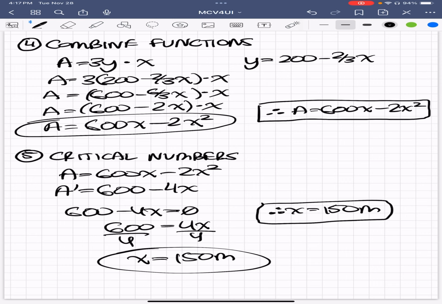So x is 150 meters. That is the maximum length of x. And then we're going to substitute this x value into this equation.